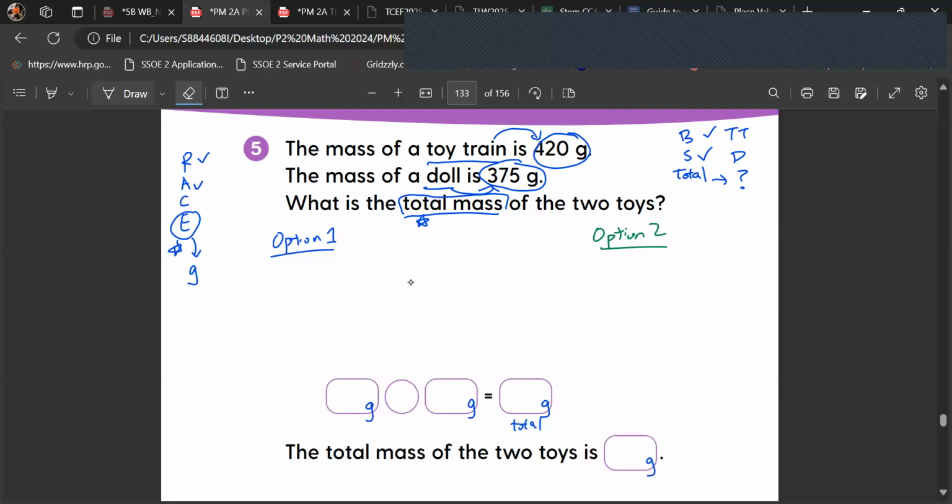Let me draw a bit longer and bigger. So you have the toy train, a longer part, and then a shorter part, that's the doll. The toy train is 420 grams. The doll is 375 grams. The question mark is here.